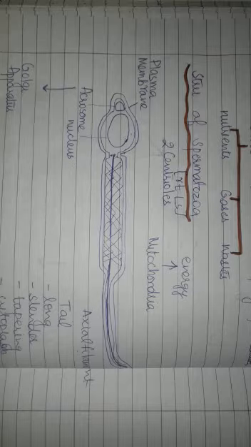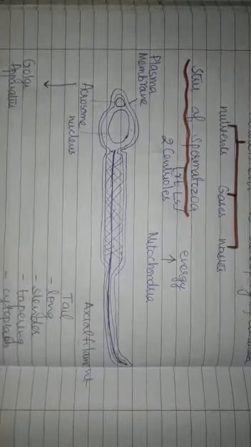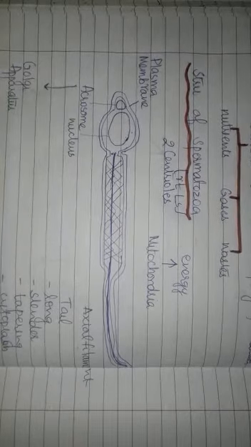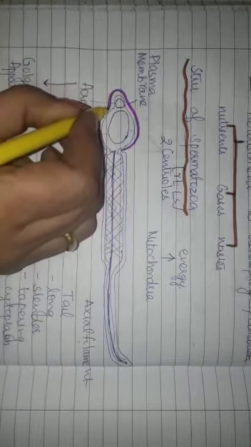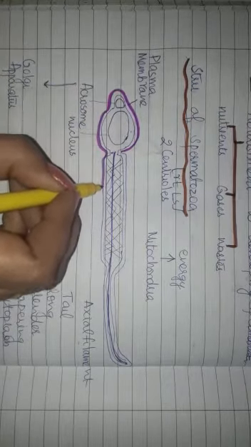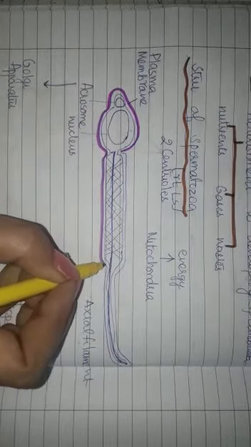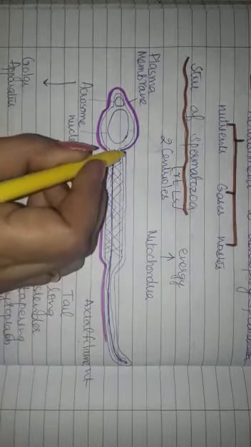Spermatid, which was oval in shape like any other cell, undergoes various changes in the positions of the cell organelles, and ultimately it gets converted into this structure. This is the structure of a mature sperm, which consists of the following parts.